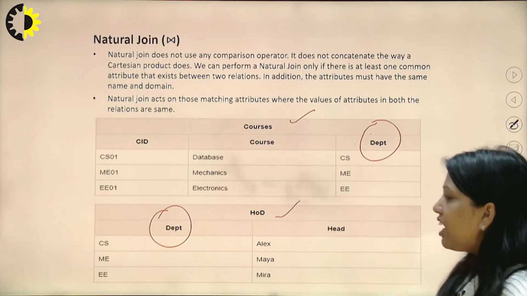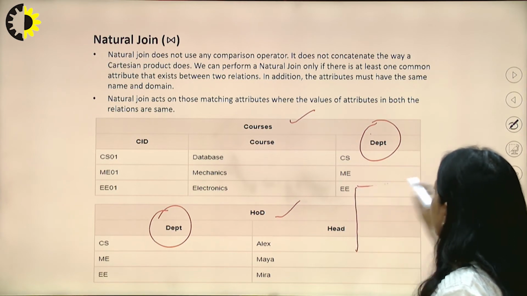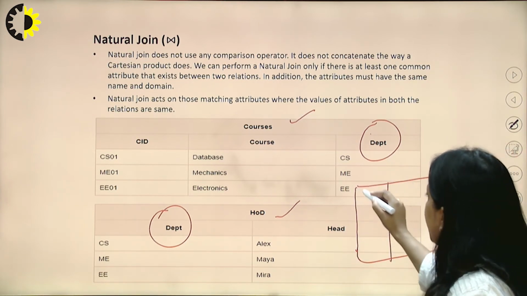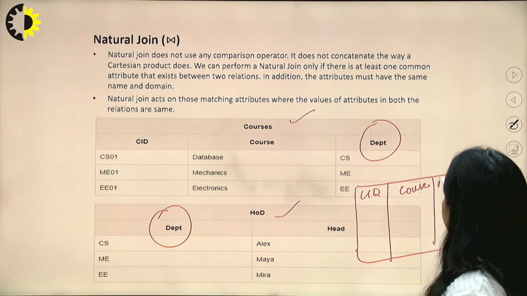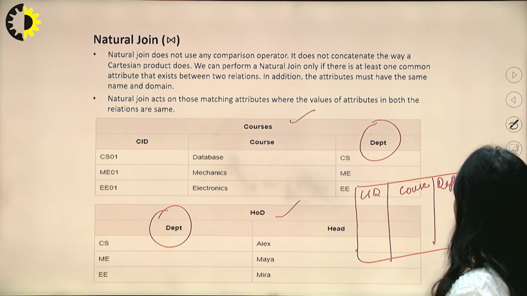First, we will apply the Cartesian product here. After applying the Cartesian product, what table do we get? First we have CID, then course, then department, then department of table 2, then head.